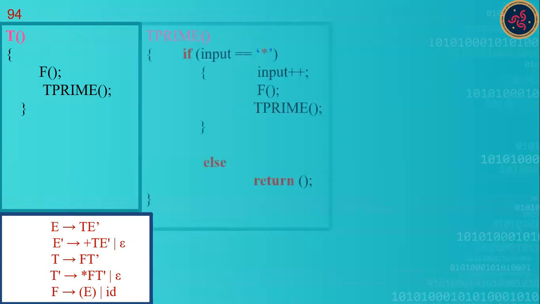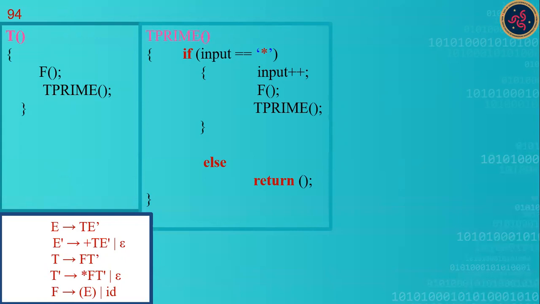First, what is T prime? In the production given here, T prime means star F T prime, right? The first symbol is a star symbol, so the input pointer will check whether it is a star symbol. If there is a match, the pointer will be incremented by 1. Afterwards, it will call the function F, and again the function T prime.